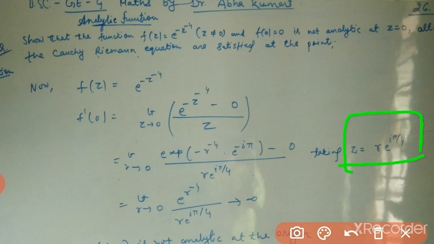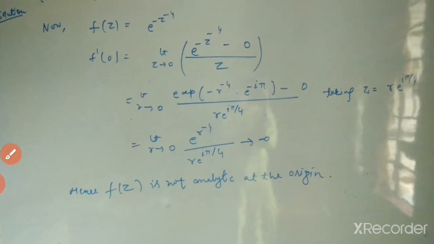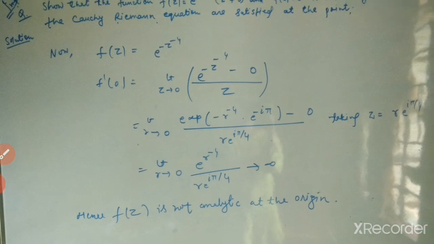While applying the limiting value r tends to 0, we have e to the power r to the power minus 4 divided by r e to the power i pi by 4. And while expanding this function, the limit tends to infinity, and that's why the function f(z) is not analytic at z equals 0.